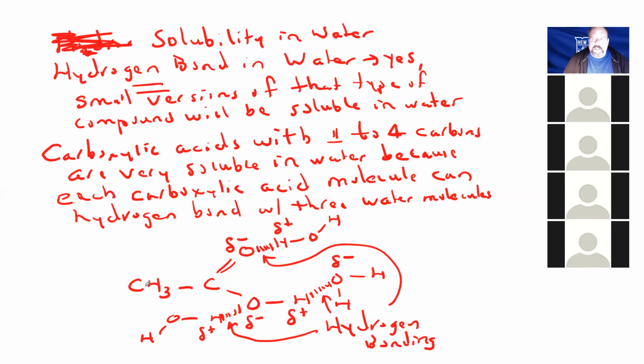So again, we're not going to expect you to know exact cutoffs. We sort of have this 1 to 4 carbon rule. But if I gave you a carboxylic acid that has 9, 10 carbons, you should be able to tell me that that carboxylic acid would be insoluble in water. Okay.